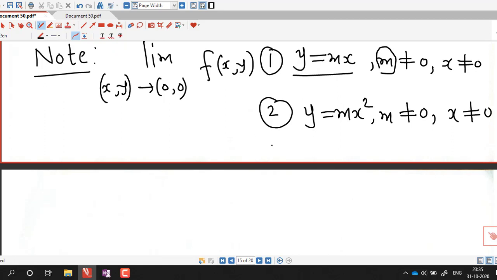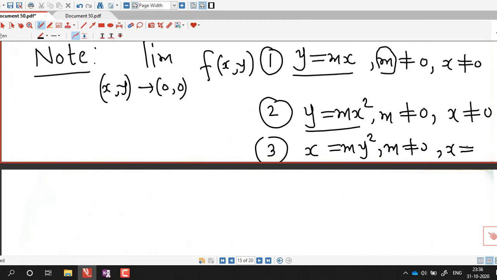But if the limit does not depend on m, then the limit is the same along all possible parabolas, but it does not mean that the limit is the same along all possible paths. So we will try for this type of parabola, x equal to m y square, m non-zero, x non-zero. Then again we will check.